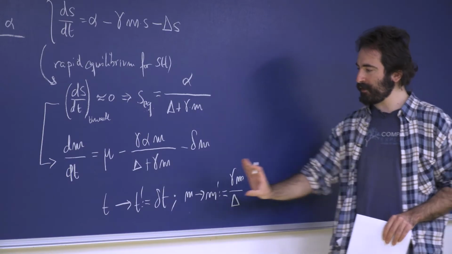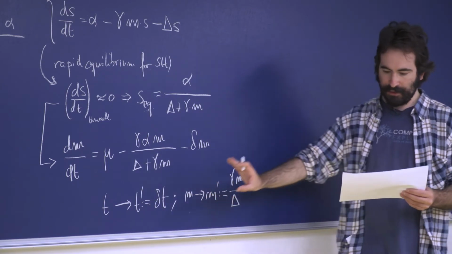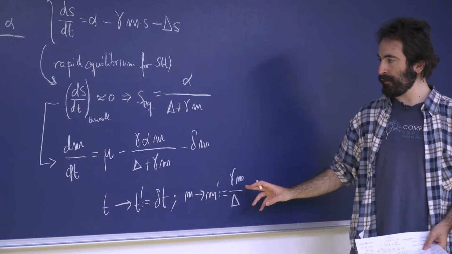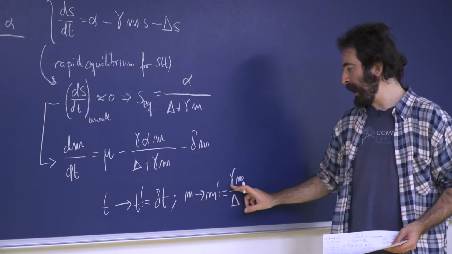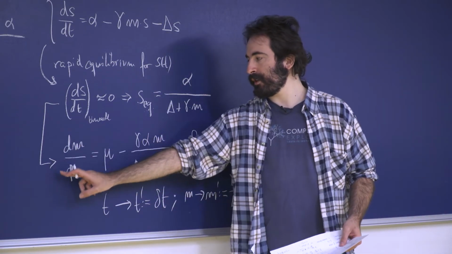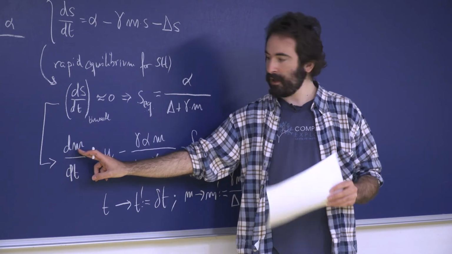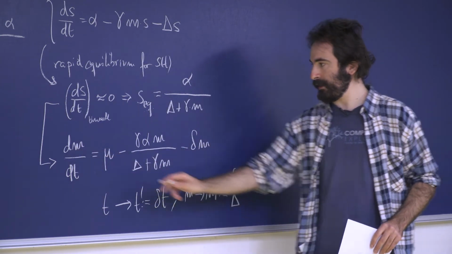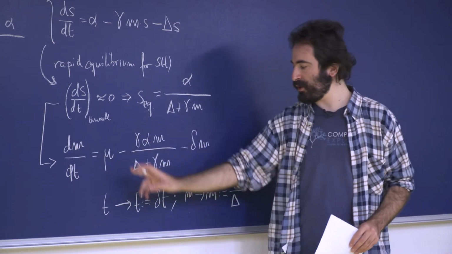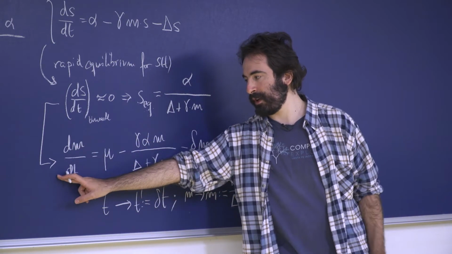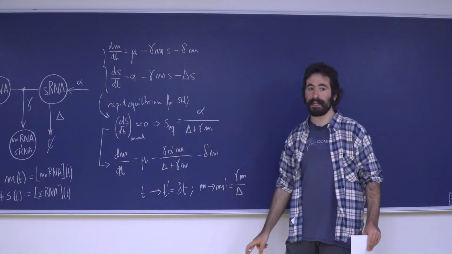Great, so now we have these transformations, and notice that what I'm going to have to do is multiply all of these equations by gamma over delta, so that I have a gamma over delta here, and this is going to give me M prime as a variable. And then I have to divide all of this equation by delta, so I get a delta down here, which can go inside the T, right?